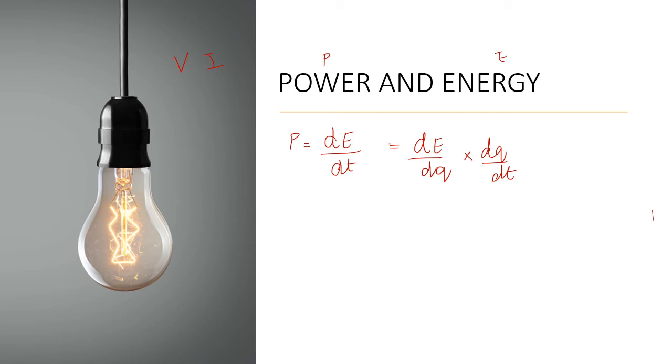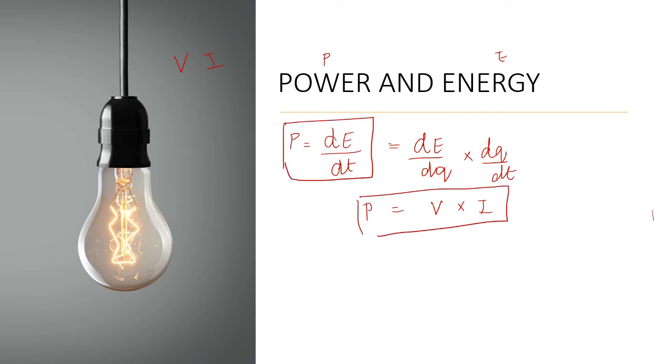As we can see from the previous explanation, dE by dQ, the amount of electrical energy needed by each of these charged particles to stay in place, is nothing but voltage, and dQ by dt, the rate of flow of charge, is nothing but current. Therefore, power can be written as these equations.